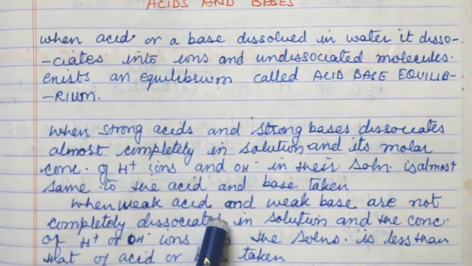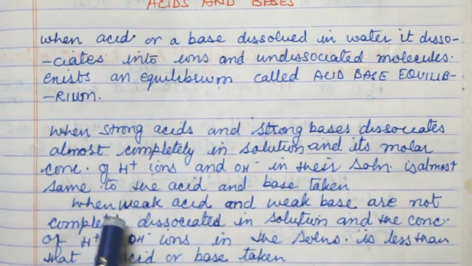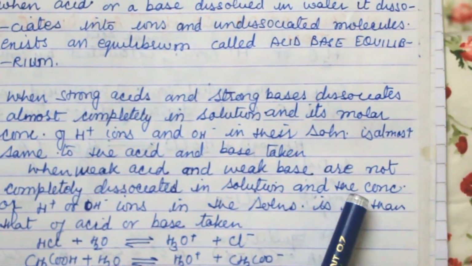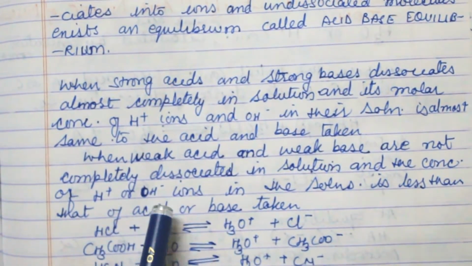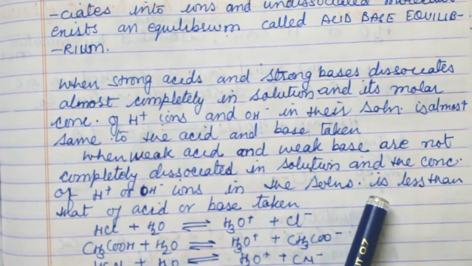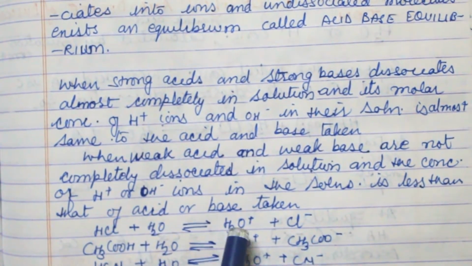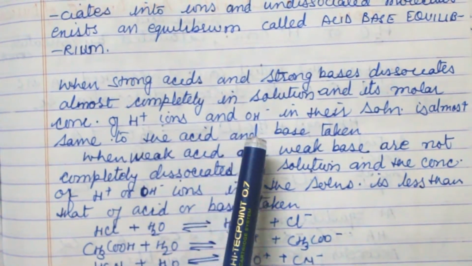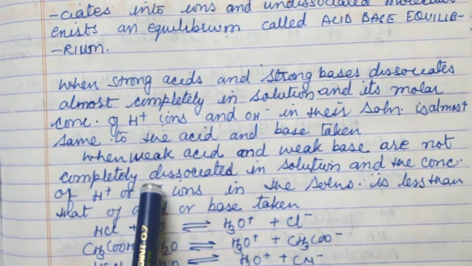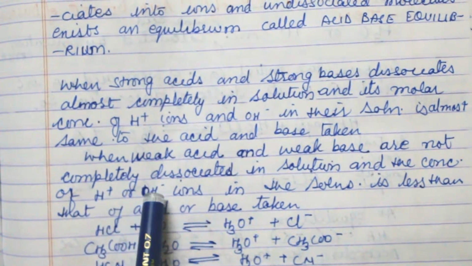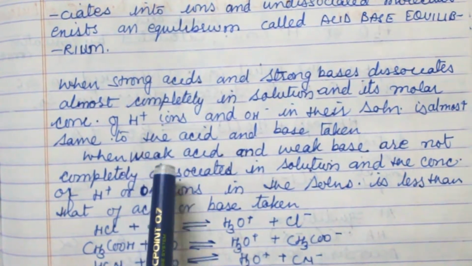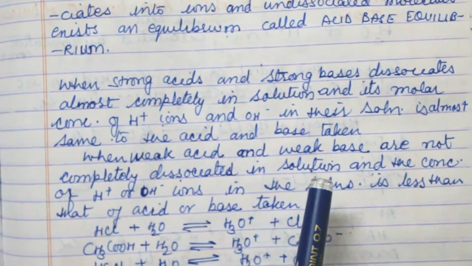When a weak acid and a weak base are not completely dissociated in solution, the concentration of H ion and OH ion in the solution is less than that of the acid and base taken. Here the H ion and OH ion are completely dissociated. Here somewhat H ion and OH ion are dissociated because the acid and base are weak. Here the acid and base are strong.